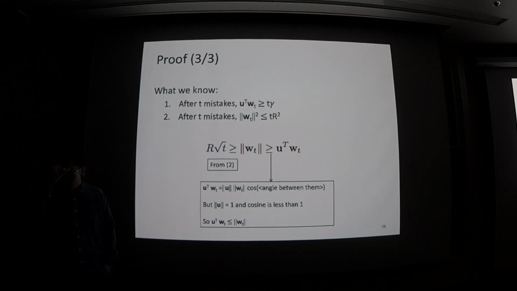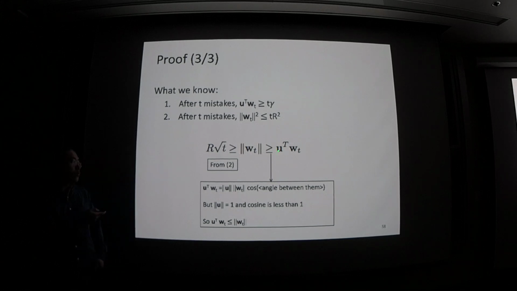This is just the definition. And obviously, the cosine value is always between minus 1 and 1. So that means this inner product is always less than or equal to the product of the norms. If it is negative, it must be less than. If it is positive, then because the cosine value is less than 1, the inner product is less than or equal to the norm of the first vector times the norm of the second vector.